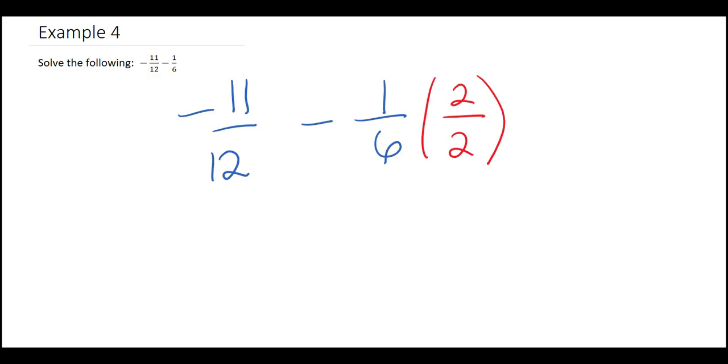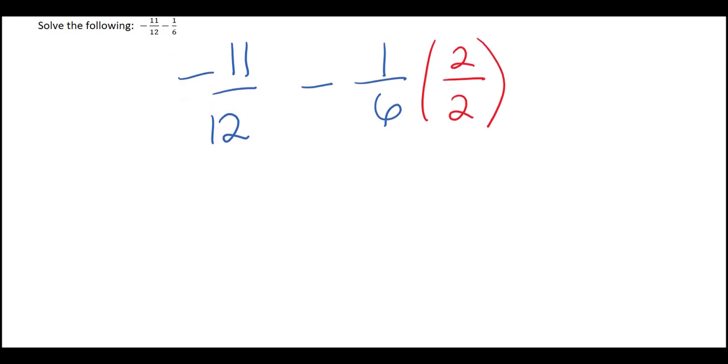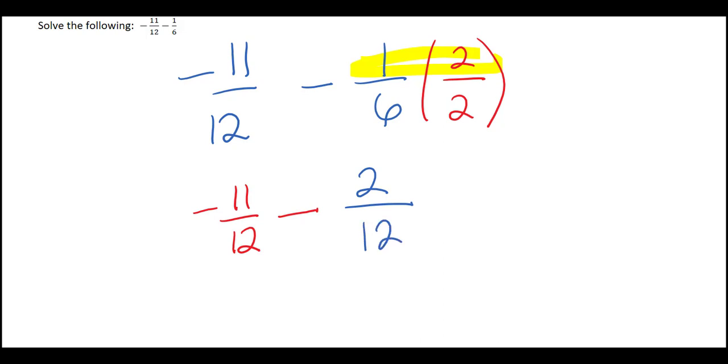We bring down just the first term, minus 1 times 2, multiply the top, so that's 2. 6 times 2 is 12. Now we have a common denominator, and that allows us to solve. We have negative 11. As we just did, we're just dealing with the top, because we're going to keep our denominator as 12.